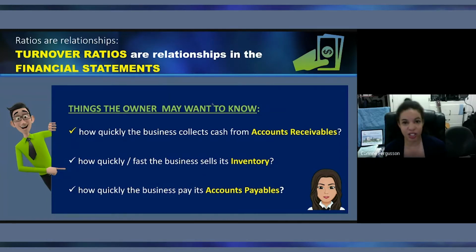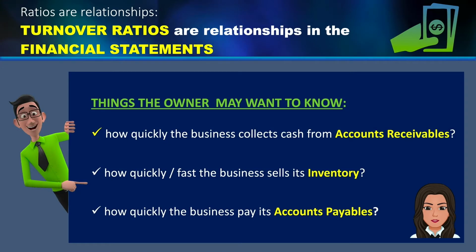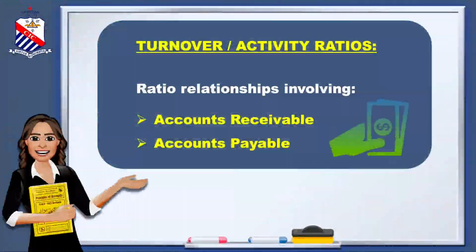So you're also calculating how quickly you are paying your accounts payable. Inventory is the least liquid of your current assets. So you do want to know how fast you are selling it and therefore converting it into the most liquid asset, which is cash. So the business would want to know that, and this is why we calculate what we call activity or turnover ratios.